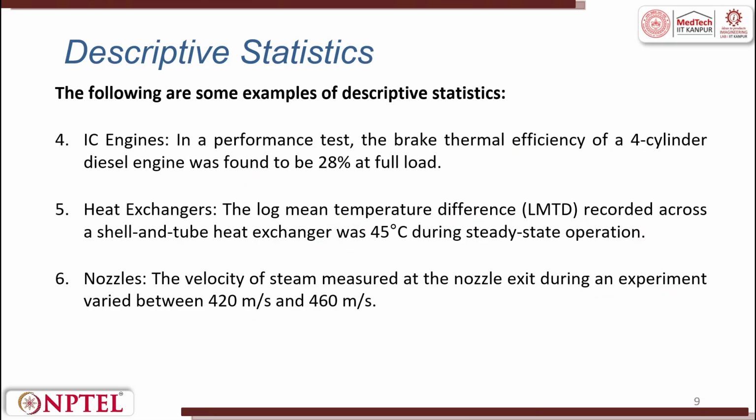In IC engines, in a performance test, the brake thermal efficiency of a 4-cylinder diesel engine was found to be 28% at full load. You see the statement, the parameter: brake thermal efficiency. When I say parameter, this is the response parameter. The equipment under study.